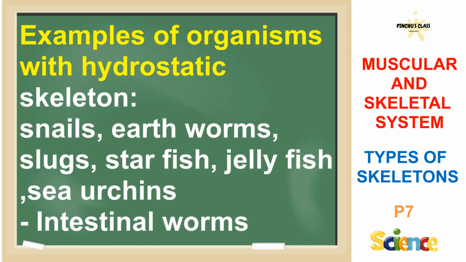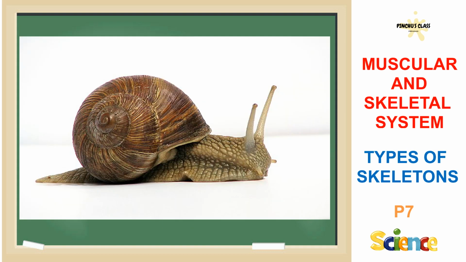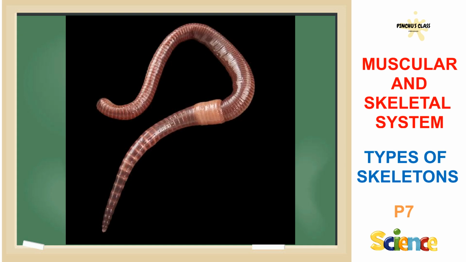Let's look at examples of organisms with hydrostatic skeleton. Look at the snails. When you see them moving, the liquid inside is also moving. Actually, it's the liquid inside moving, and it is pushing them in another direction. Look at the earthworms. When it rains, come out and see the earthworms in the soil.